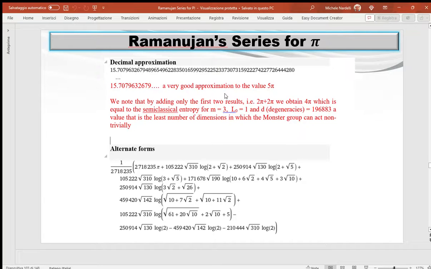We note that by adding only the first two results, practically 2 times pi plus 2 times pi, we obtain 4 times pi. 4 times pi is equal to the semiclassical entropy of a black hole, for m equal to 3 and L0 equal to 1, and d, practically the degeneracies, equal to a value that is the least number of dimensions in which the master group can act non-trivially.